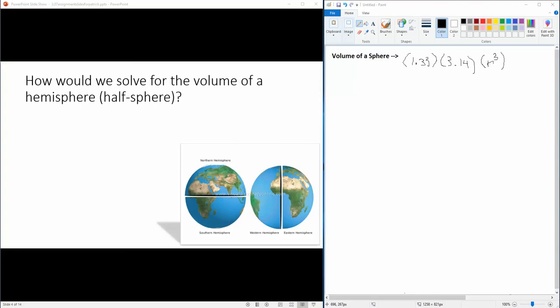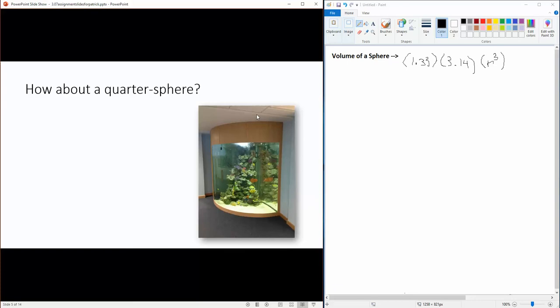Also, when they talk to us about half a sphere, when we're talking about a sphere, we're talking about a basketball, soccer ball, bowling ball, a globe, the earth. We're dividing it in half, so we're getting half the volume. When that happens, you take the original volume and simply divide it by 2. If you could picture a quarter of a basketball, dividing it into 4 parts, you get a quarter sphere.